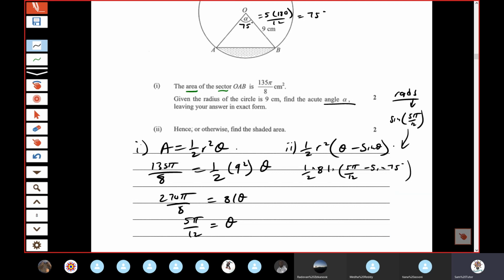So here we go, 5 times pi on 12 minus sine 75. Answer is 13.9 centimeters squared.